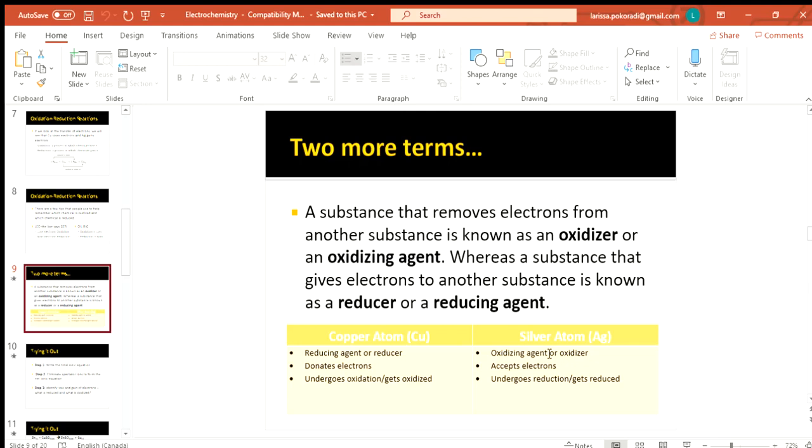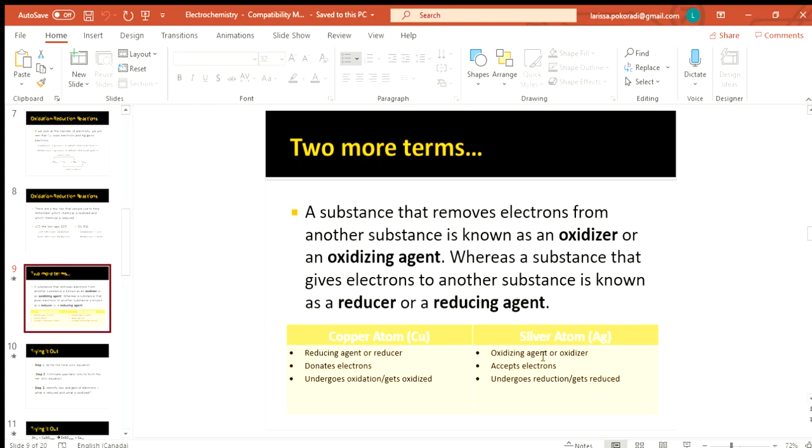So it's kind of repetitive because we're just putting a new term to the same stuff we just did with oxidation and reduction. So we've broken it into a table. If you think back a few slides, the copper ended up losing electrons, or donating them, if you want to think of it in those terms. So we knew lose is oxidation, and if you're oxidized, you help something else become reduced, so you're a reducing agent.